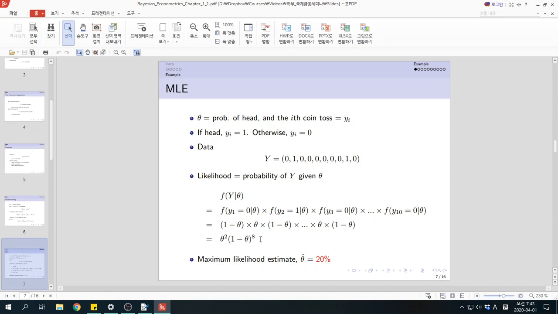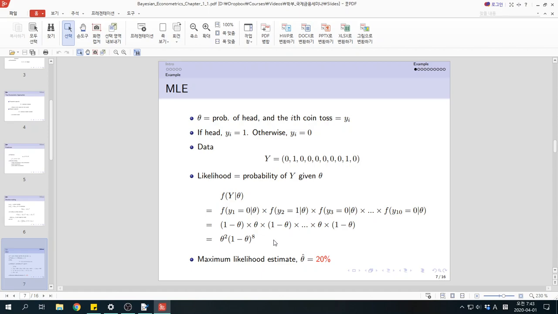How can we maximize this likelihood function? You can take the first derivative with respect to theta, or you may want to take the log first. The log likelihood is 2 times log theta plus 8 times log of 1 minus theta. Either way is fine.